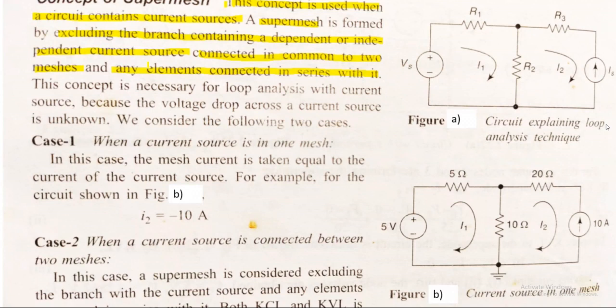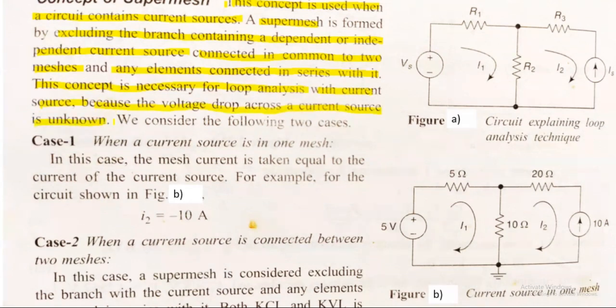When I illustrate this method, you will get to know how supermesh is formed and how supermesh equations can be written. As I mentioned earlier, this concept is necessary for loop analysis with a current source, because the voltage drop across the current source is unknown.